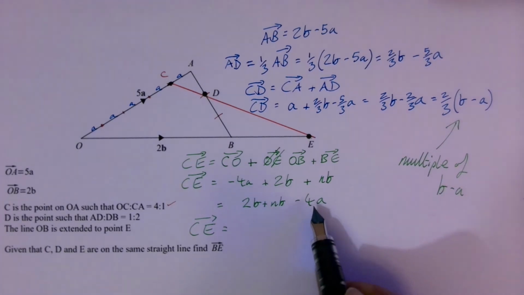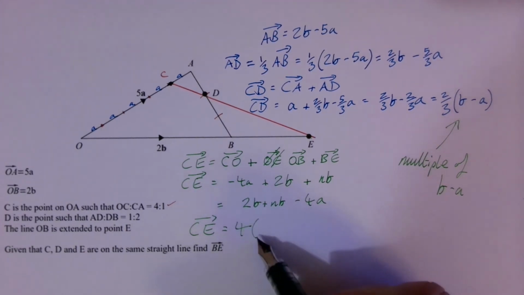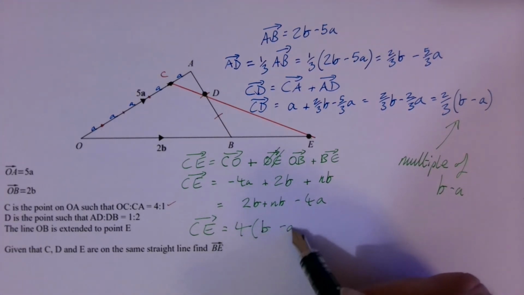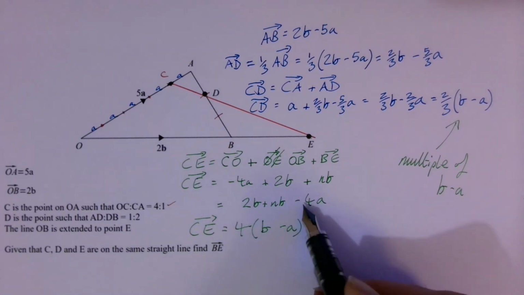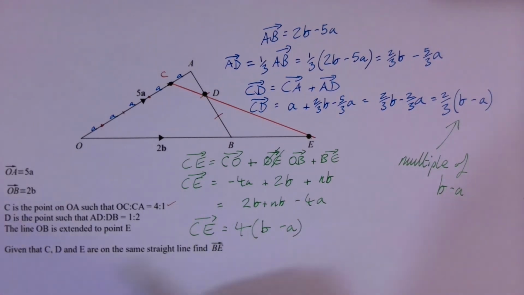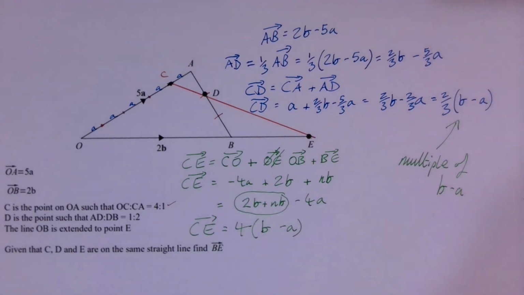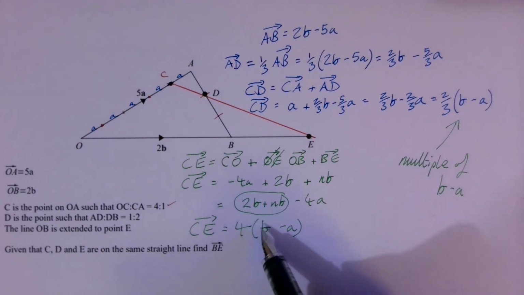Now we know how many A's we've got exactly. So we know that we can take that factor of 4 out. So I could say that this is going to be 4 and then B minus A, because that's the only way I can get 4A, because all the A's are dealt with. Now that means that 2B plus NB makes 4B, doesn't it?